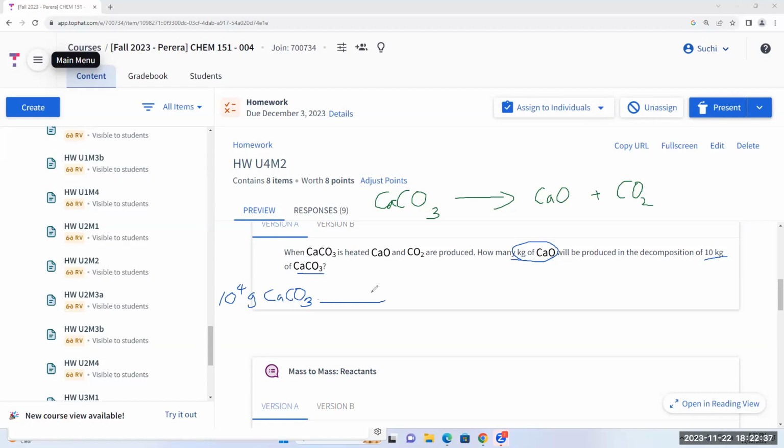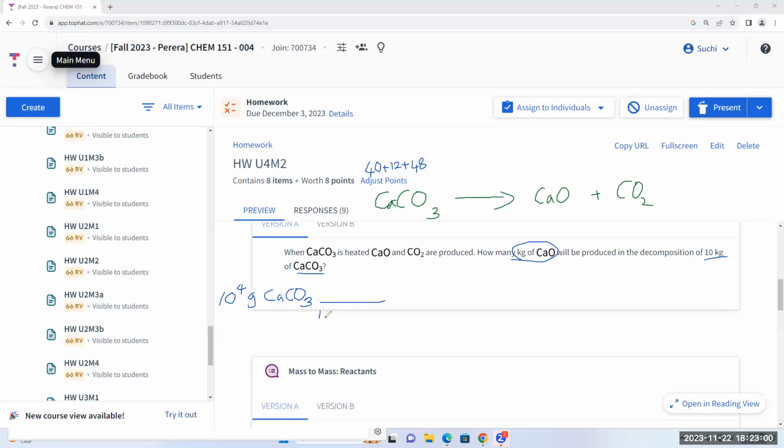The molar mass of calcium carbonate: the relative atomic mass of calcium is 40, carbon is 12, and oxygen is 16. You have 3 of them, 3 times 16 is 48. If we add them up, it adds up to 100.